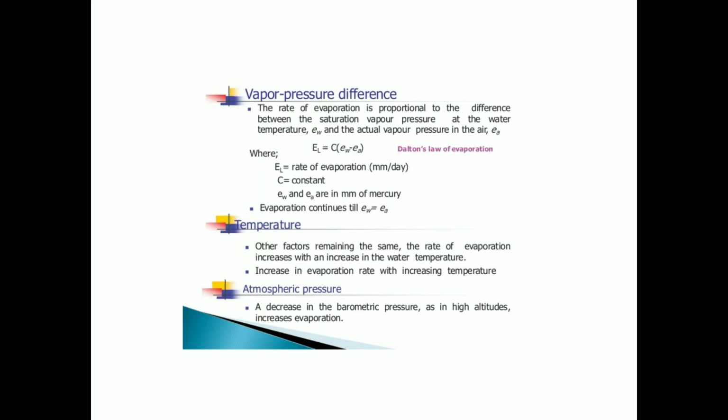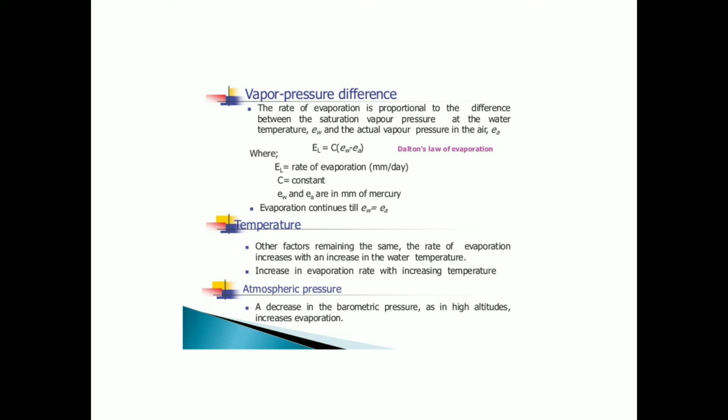So, vapor pressure difference. The rate of evaporation is proportional to the difference between the saturation vapor pressure at the water temperature, EW, and the actual vapor pressure in the air, EA. So what is the rate of evaporation? That is EL = C(EW − EA). This is Dalton's law of evaporation.